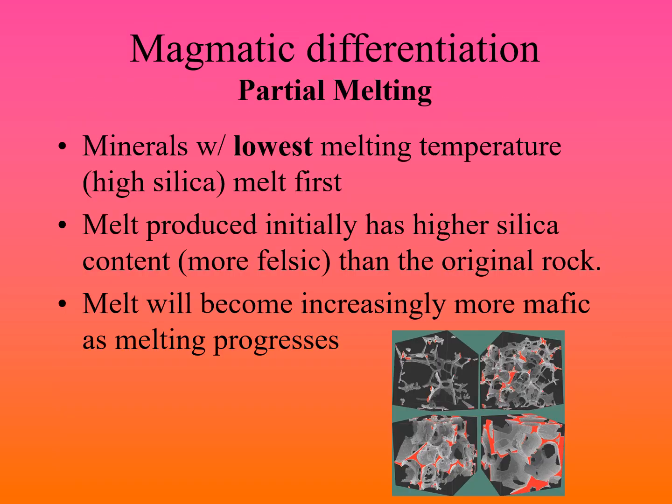Then we have what we call magmatic differentiation, as I've mentioned. And basically the minerals with the lowest melting temperature, that is the highest silica, melt first, like I said. The melt produced initially has a higher silica content, so it's more felsic than the original rock. And the melt will become increasingly more mafic as melting progresses.